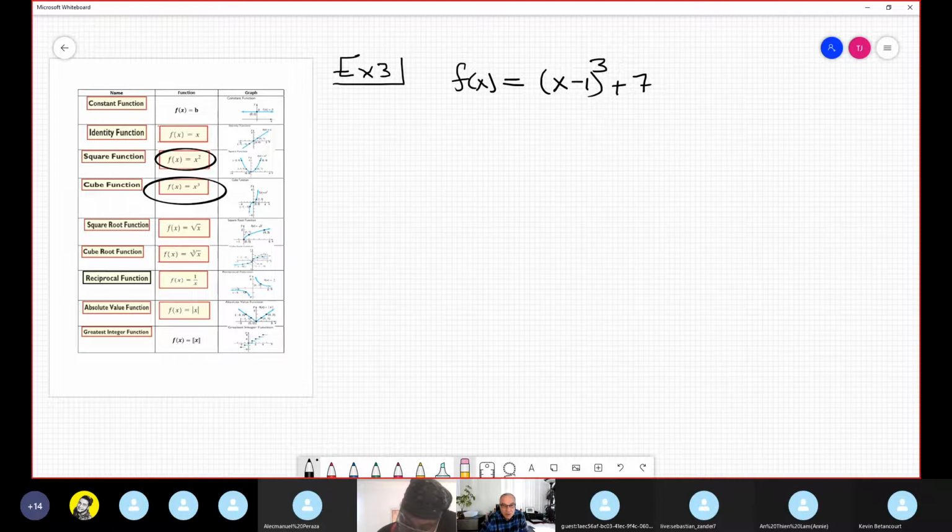What is the first transformation? This is f of x. Suppose at the beginning it is x cubed. But what's the first transformation?